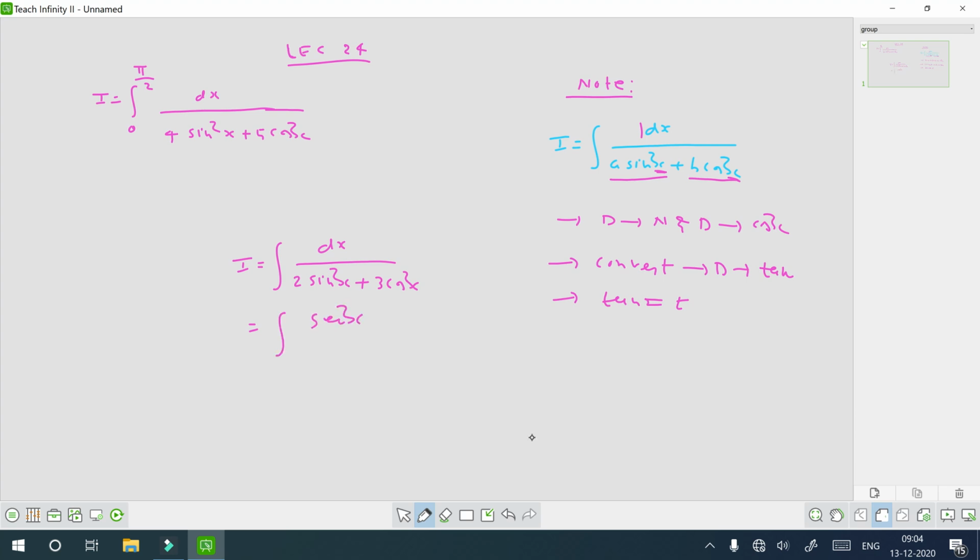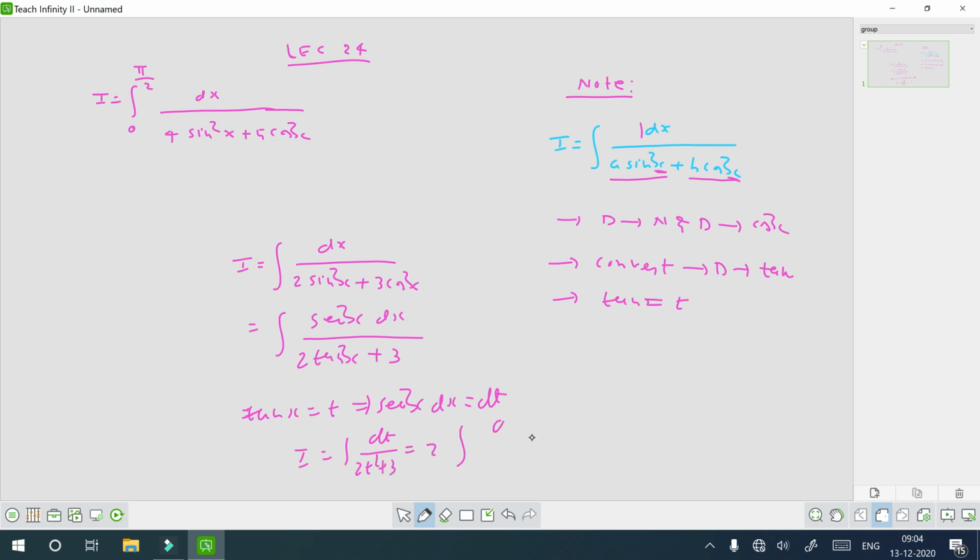So here we get sec square x dx over 2 tan square x plus 3. Now suppose tan x is equal to t. So it comes out sec square x dx is equal to dt. And therefore I is equal to the integral of dt over 2t square plus 3.